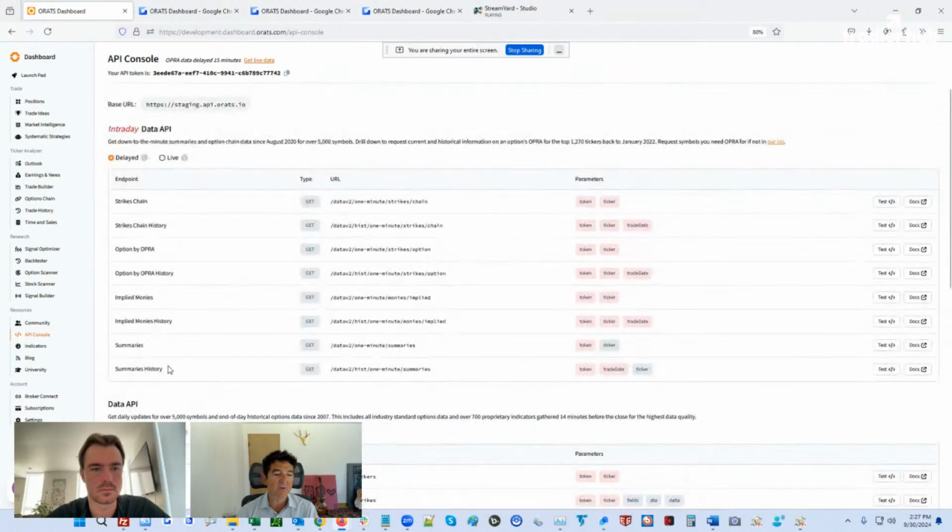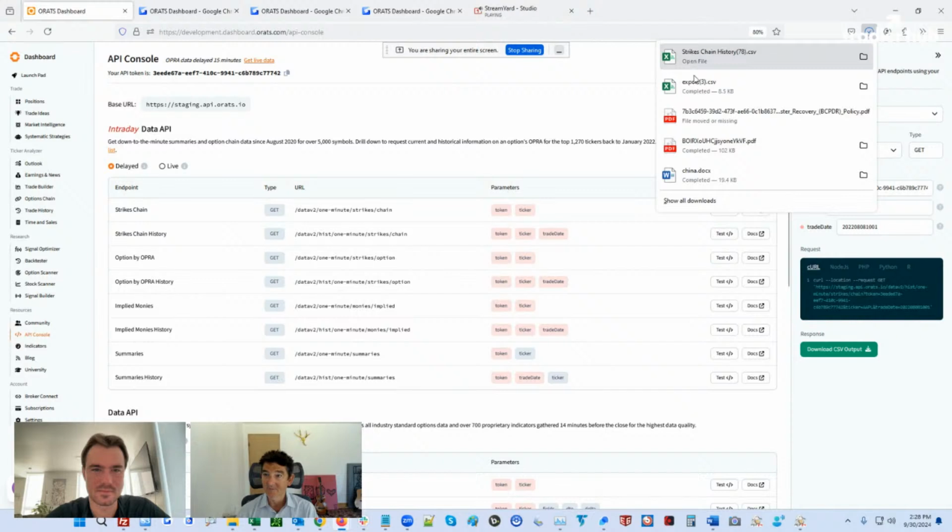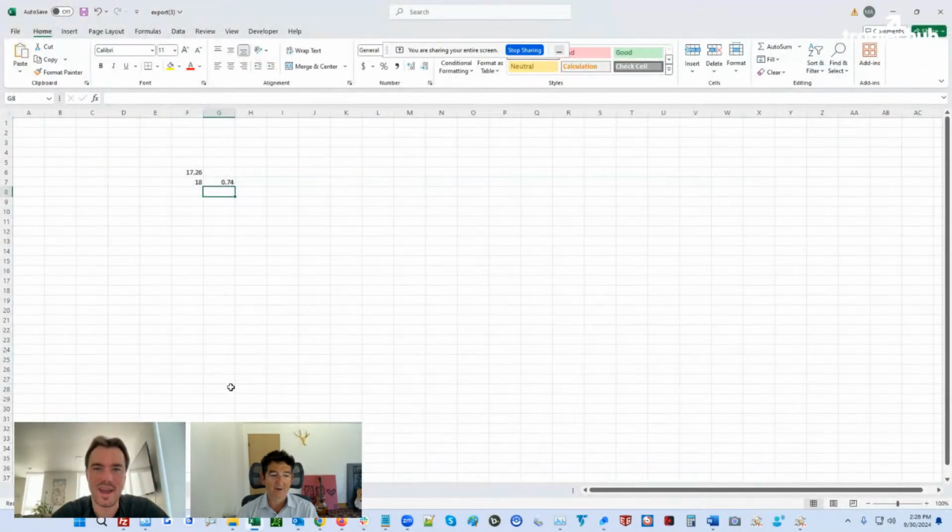What I always think is cool, still can't believe that we could do this, is go back at any minute in time. Like here's one in Apple 2022-08 at 10 a.m. and you could change it to 10:01. Yeah. And then go get that data. Yeah, and it's that quick. Yeah, I mean it really opens the door to anything you can dream of analyzing, right?